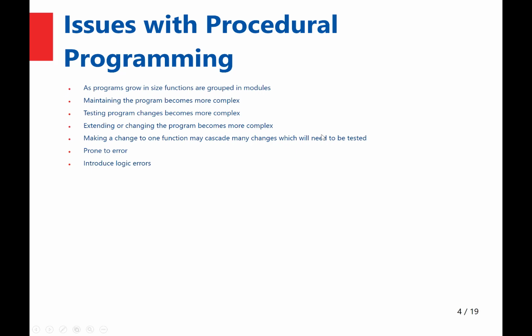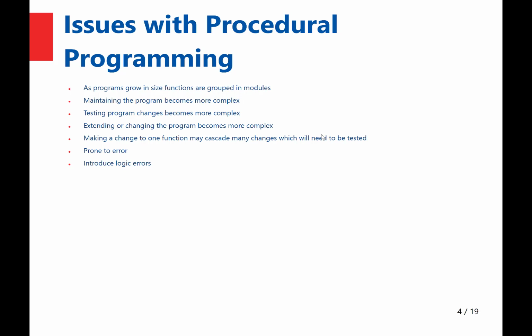So issues with procedural programming. As programs grow in size, functions are grouped in modules. The program becomes difficult to maintain, and it also becomes difficult to test. Since procedural is based on functions, an industry-wide program can have many functions.